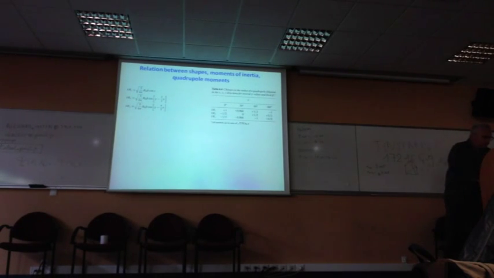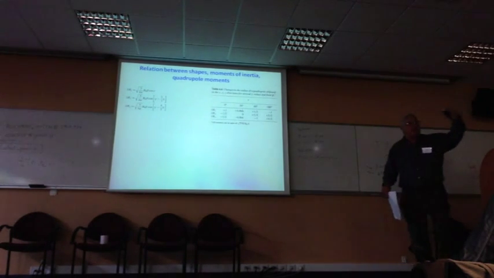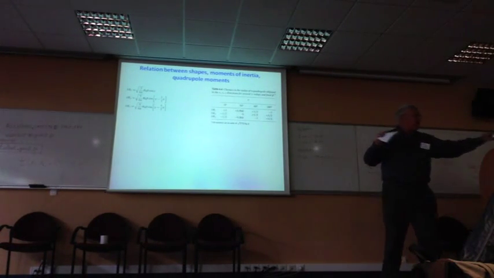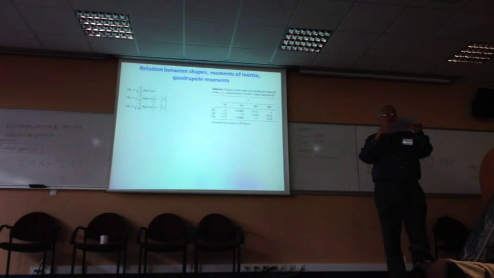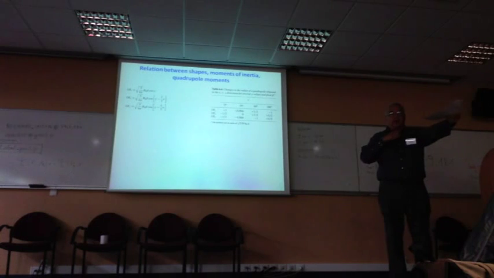So an oblate nucleus, this is a prolate, here's a better prolate nucleus. An oblate nucleus is shaped like a disc, like a frisbee. And if you think about getting from a sphere to a frisbee, you have to elongate it in two directions and squeeze it in one.